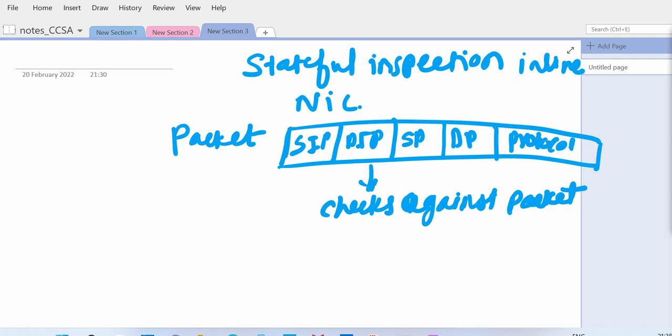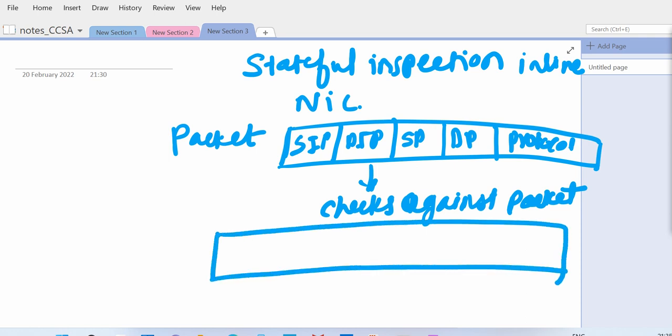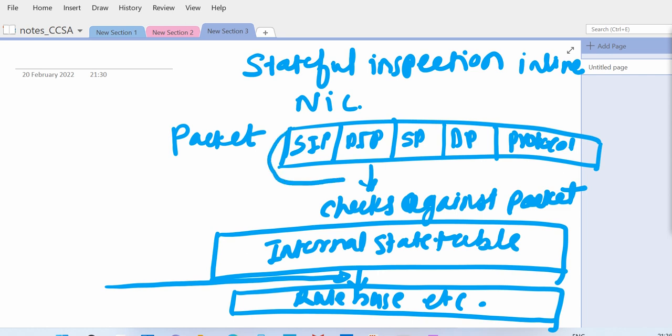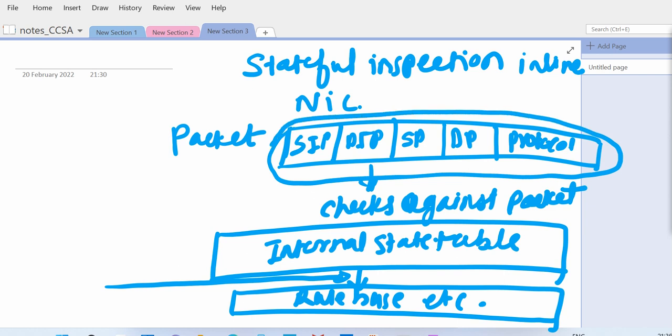If there is a new connection, these fields are stored in the internal state table, and the packet goes for further processing like your rule base, etc. But if this connection record already exists from previous packets, then based on these fields stored in the state table, the packet is allowed or denied.